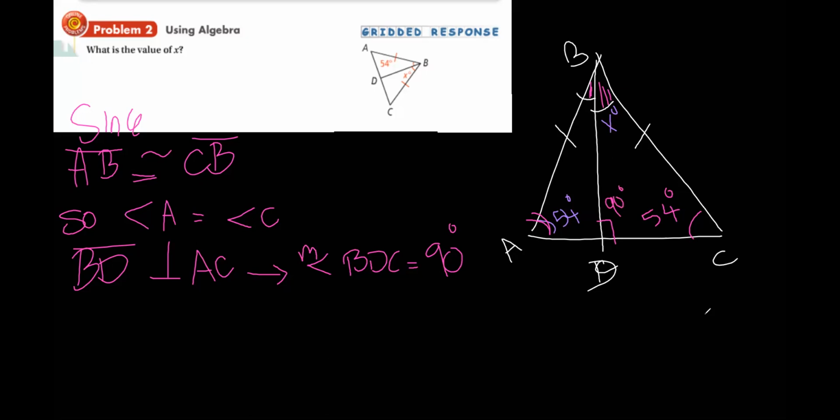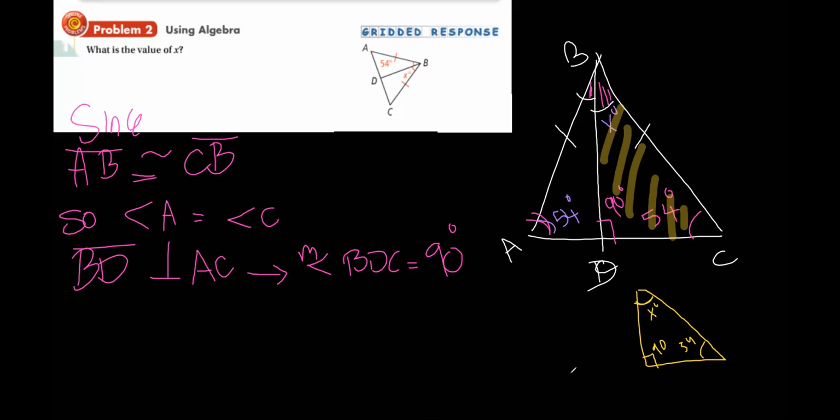Now look at this triangle here, the yellow one. Here is 90, here is 54, and I want you to find x. What is the measurement of x?